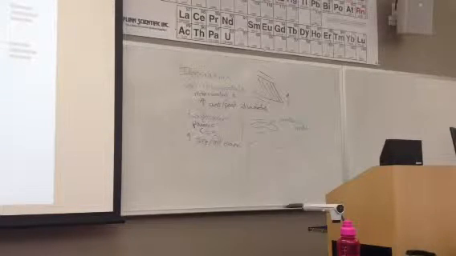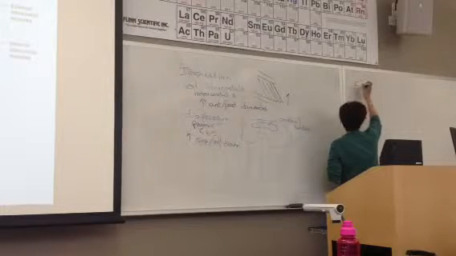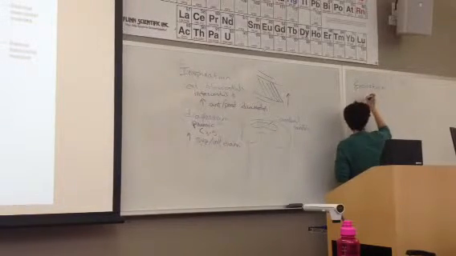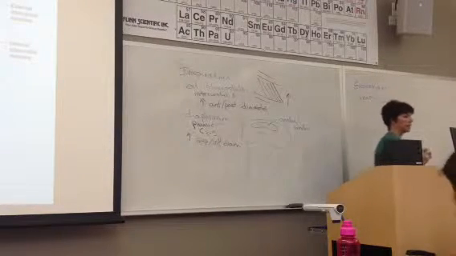You're not going to do expiration until what happens? You breathe out. What do we need to do? We need to decrease the volume of the thoracic cavity. So normal expiration requires what muscles?